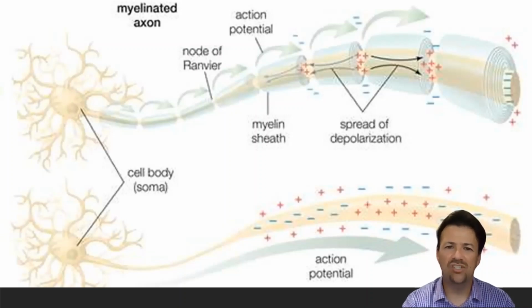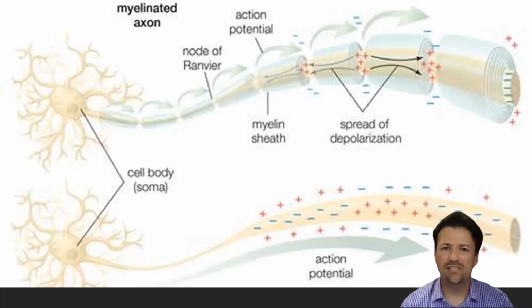So rather than a continuous stream as occurs in an unmyelinated neuron, you have a jumping effect. And this jumping effect is called saltatory conduction. And that leads to myelinated nerves being able to transmit action potentials much more quickly than unmyelinated nerves.